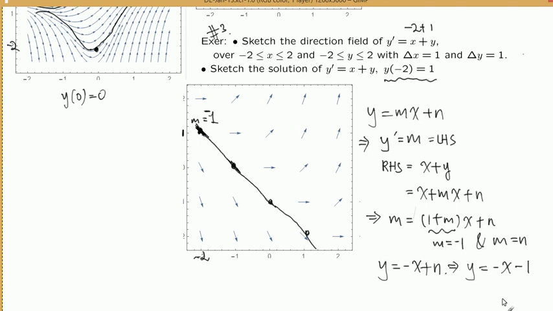But there's one more condition, which is this initial condition, right? It's just lucky that if you plug in -2 there, it becomes a positive one, right? Therefore, it happened to satisfy this condition. So we just proved that y equals -x minus 1 is a solution to this differential equation, satisfying this initial condition.